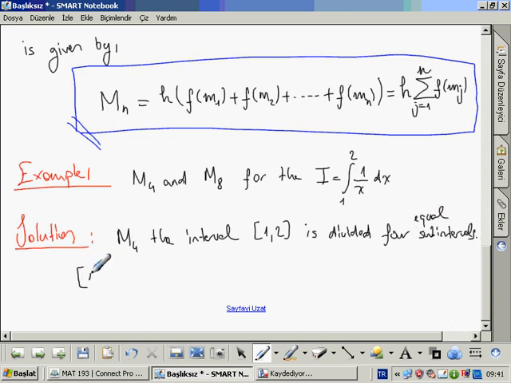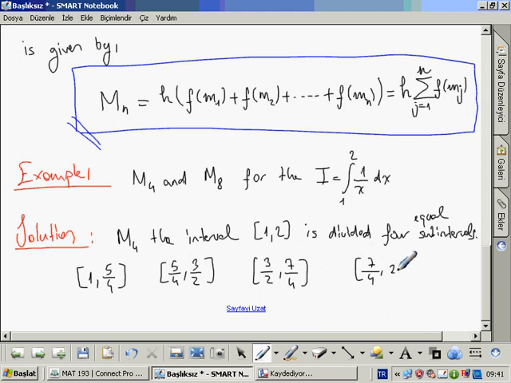That means [1, 5/4], [5/4, 3/2], [3/2, 7/4], and the last one [7/4, 2].